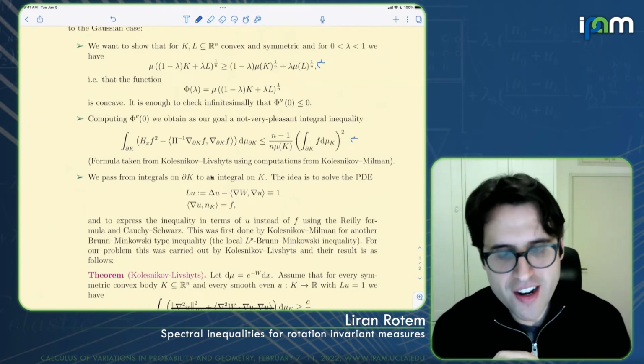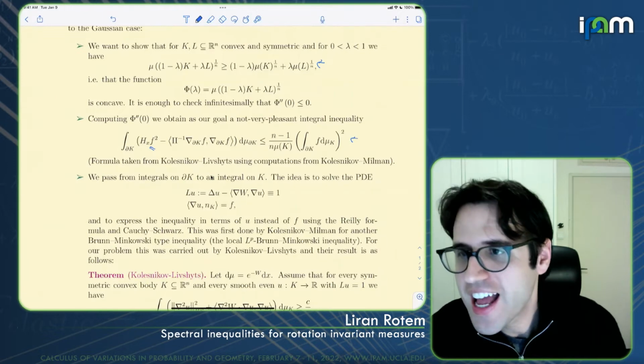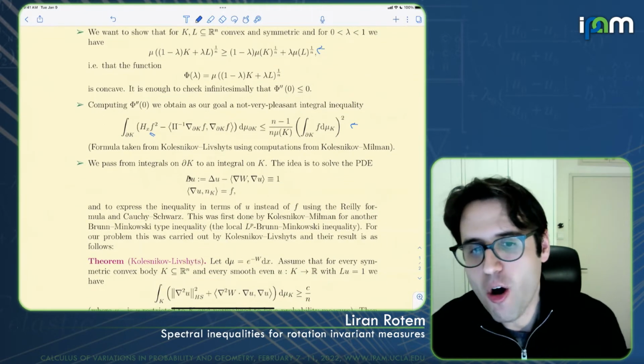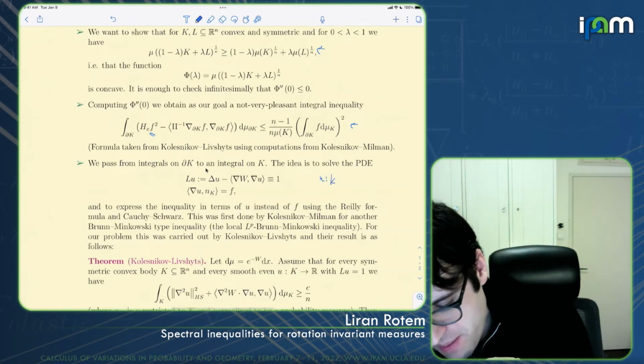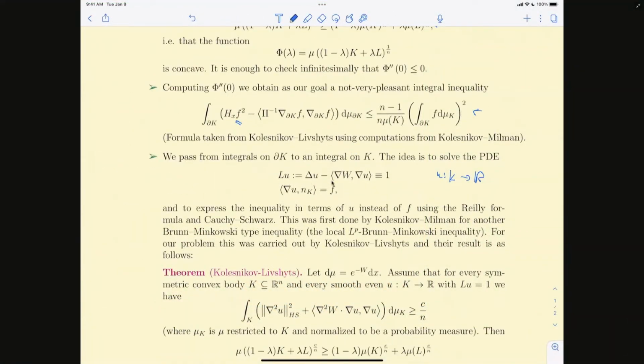So I take this function f, this function here that I didn't explain to you where it came from, and I solve some kind of a strange PDE on the body K. So I look for a function u on the body K, such that L of u, where L is this operator, is equal to 1, and u has f as the Neumann boundary condition on the boundary.